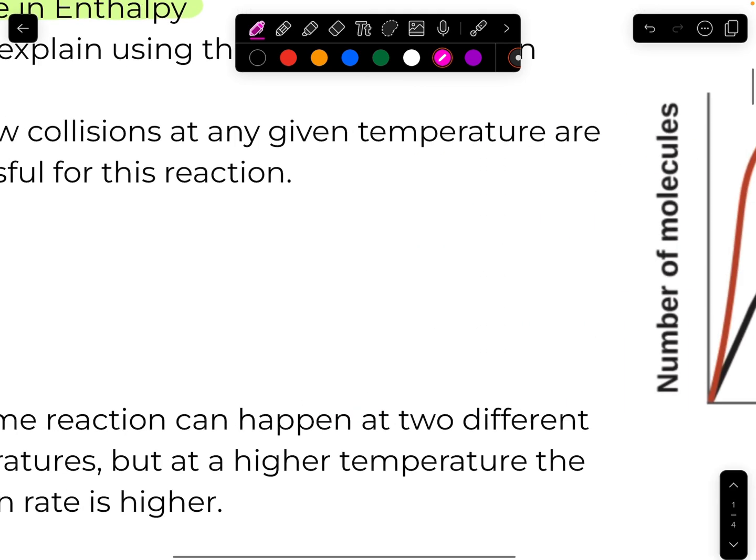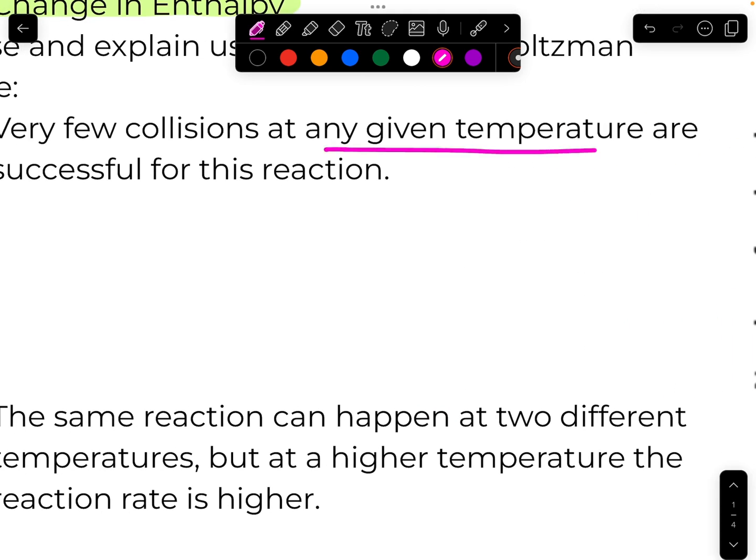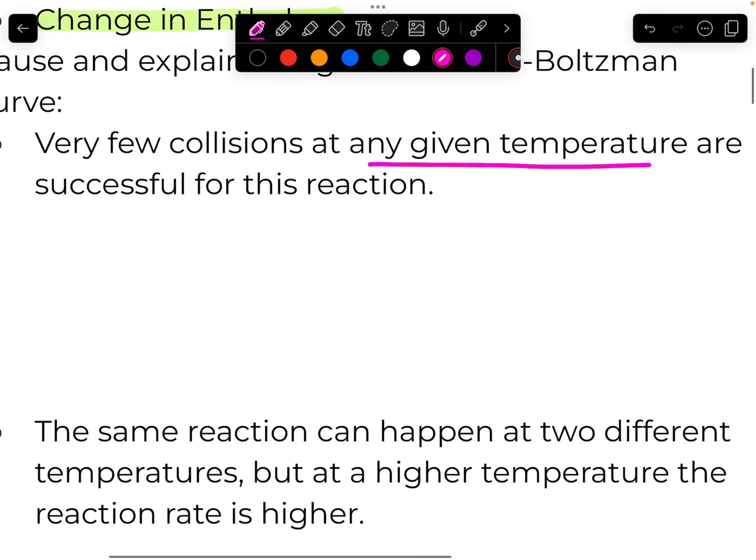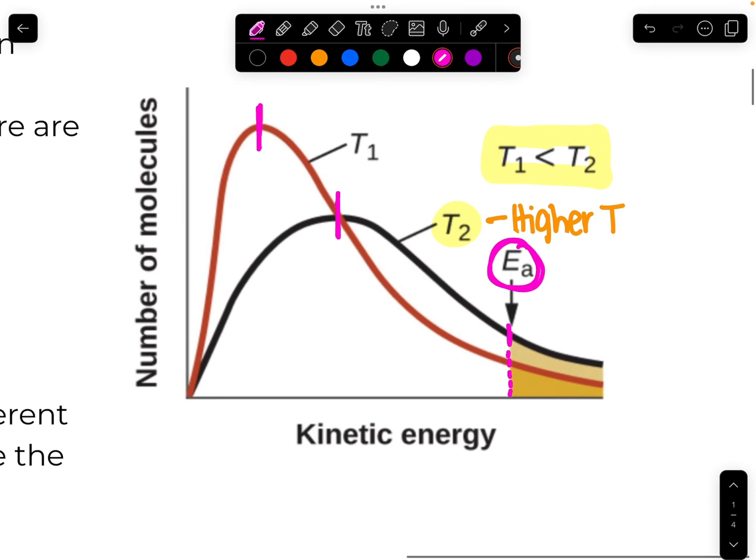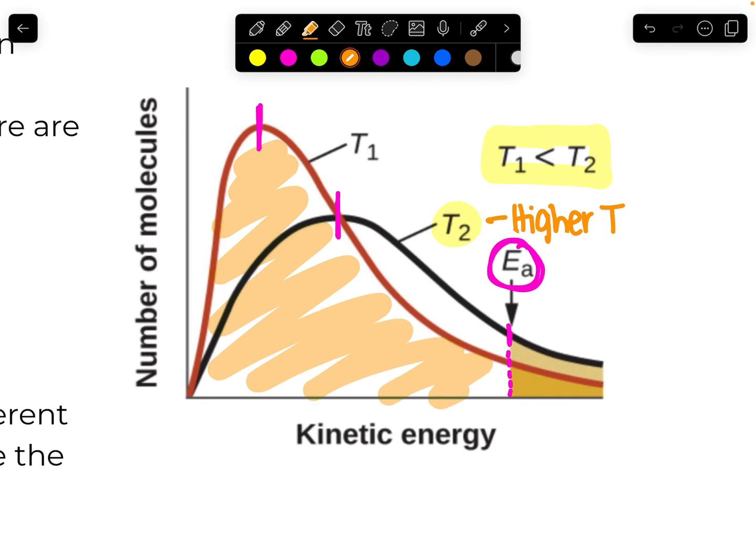So why does it make sense that at any given temperature, very few collisions are successful? Well, look at where the majority of your particles lie. The majority of your particles in both cases are under these sections of our curves.